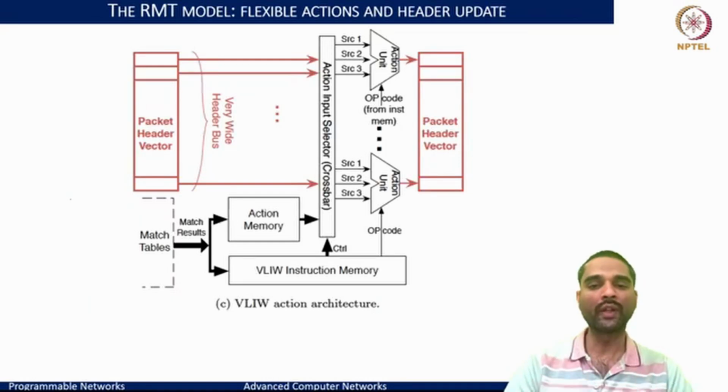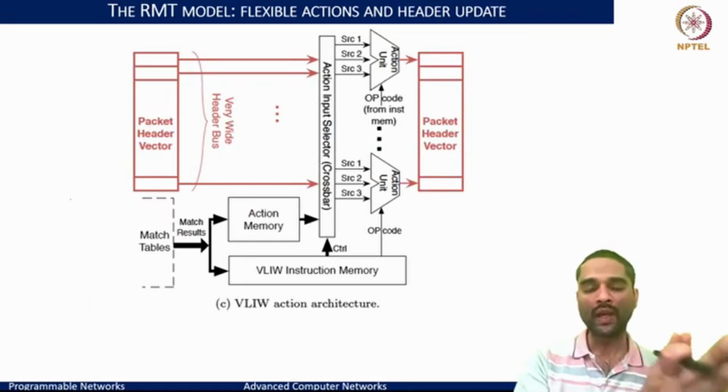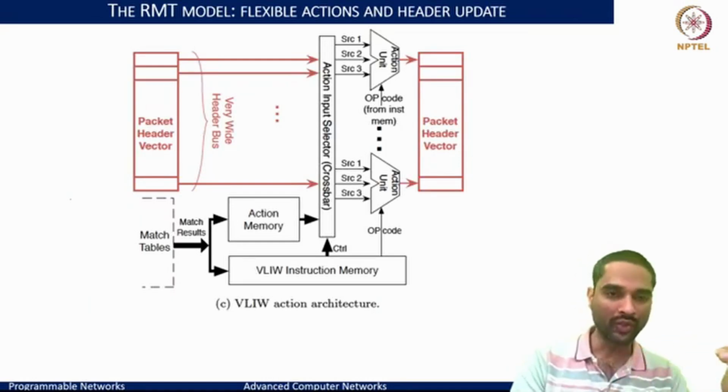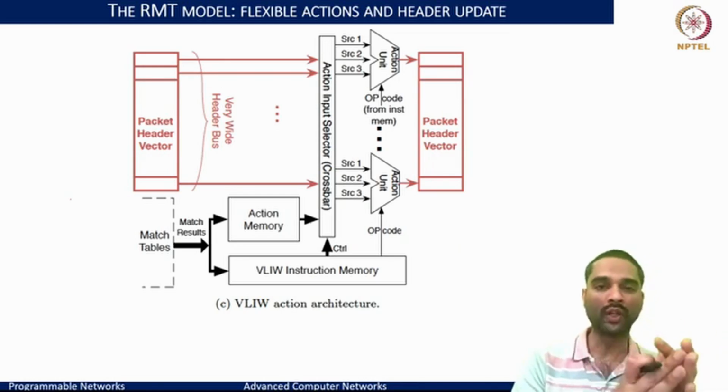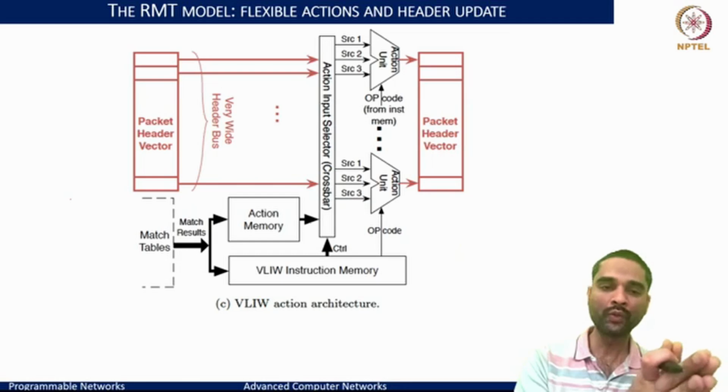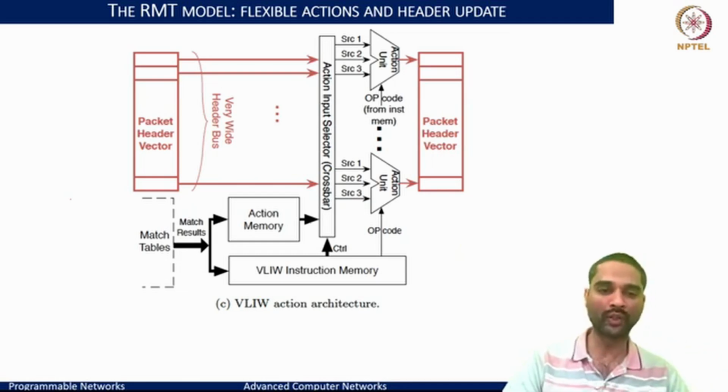So how this processing really happens is, as the packets come, you logically separate out the packet header vector, which can be 4K bits, and separate out the payload from it.